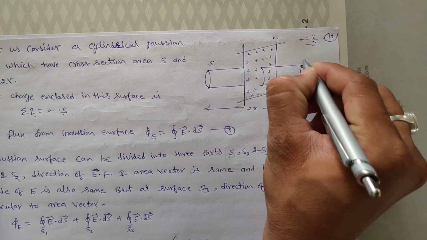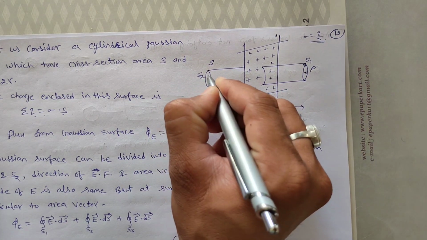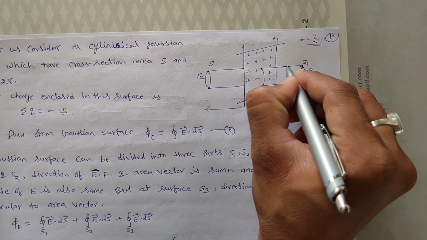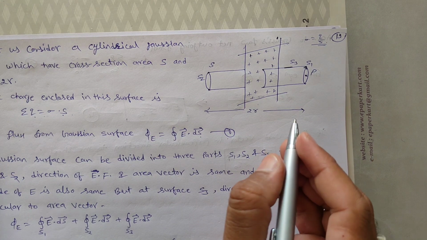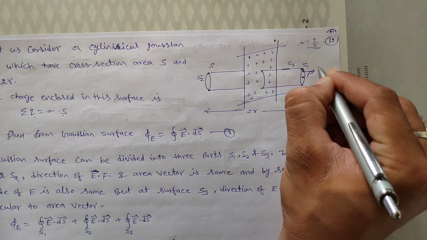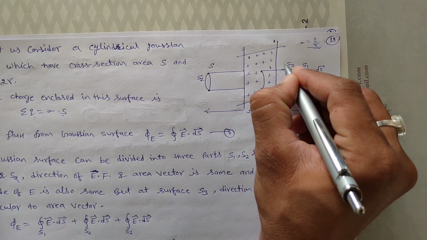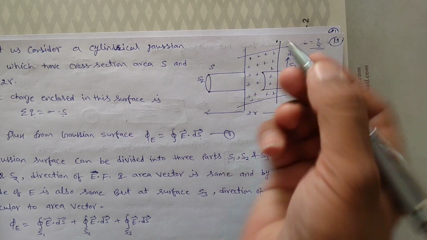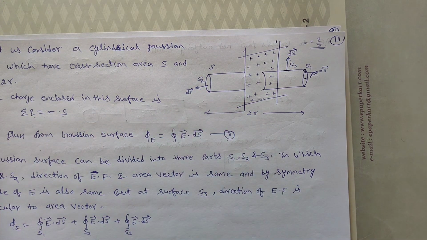S1 is this circular surface, S2 is this circular surface, and S3 is this cylindrical surface. The direction of the area element on S1 is perpendicular to this surface, and for S3 also perpendicular to the surface, and S2 like this.